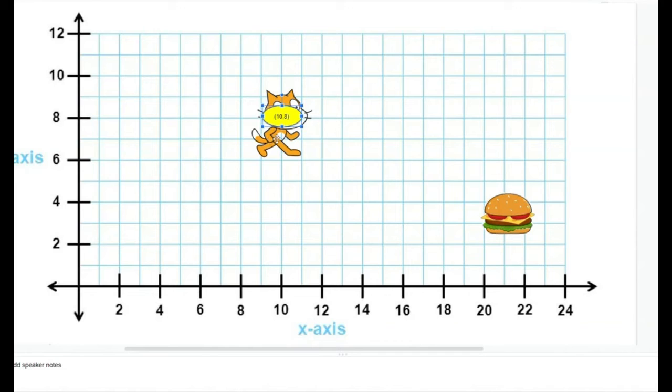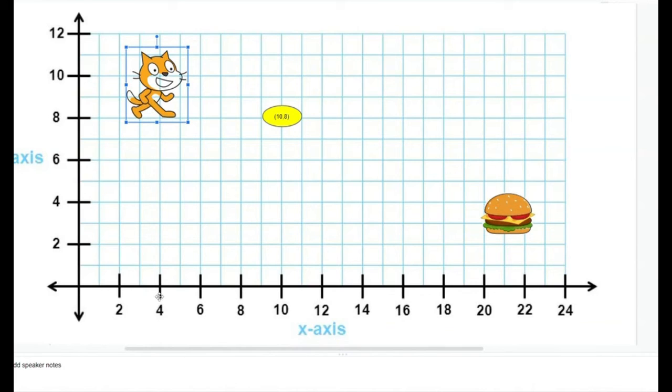However, if I was to move my sprite here, it is 4 on the x-axis and 10 on the y-axis. So it would be written 4, 10. X is written first every time.